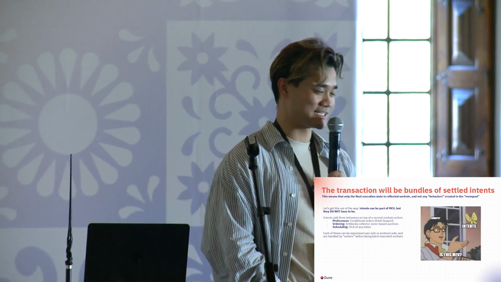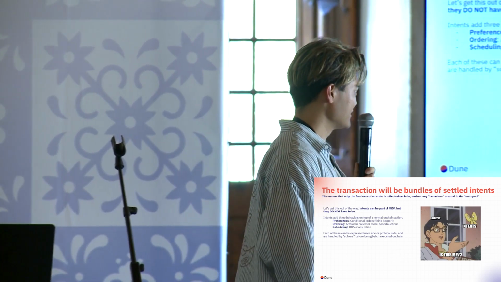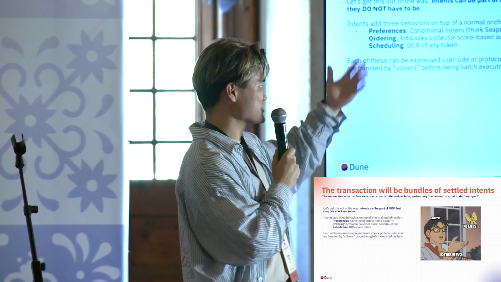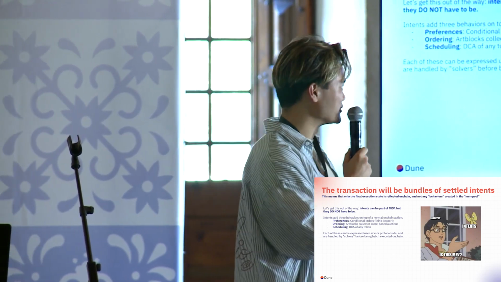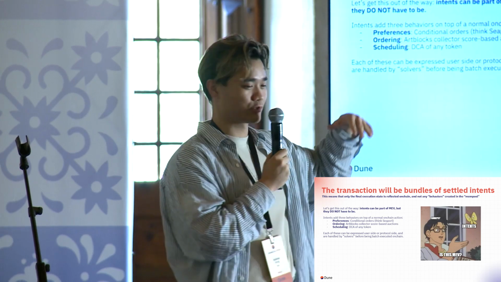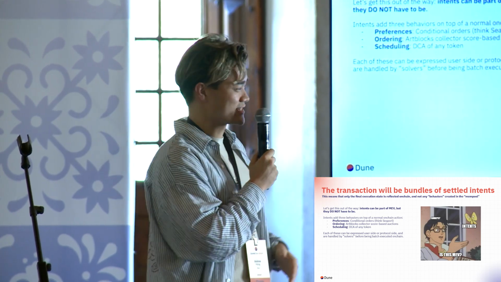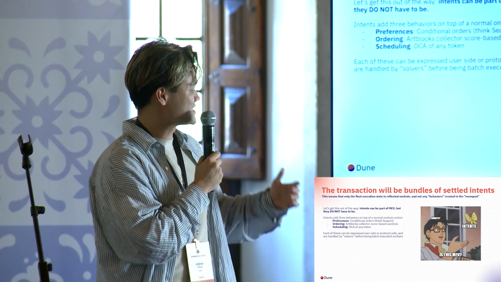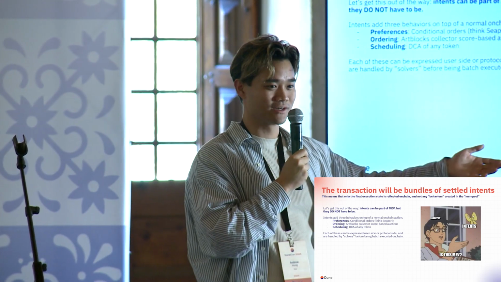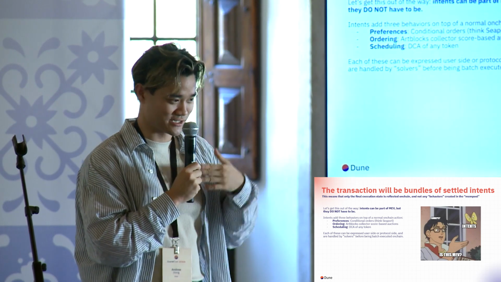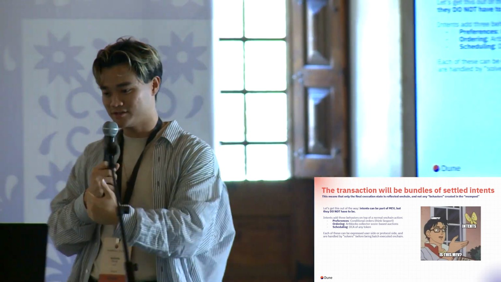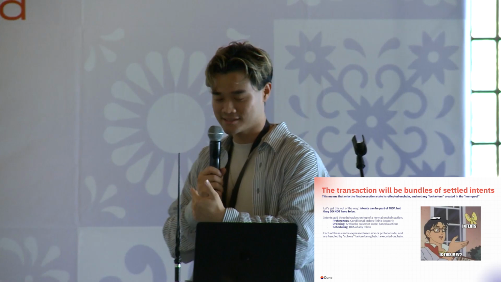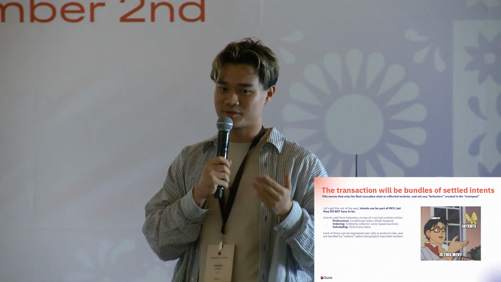If you mint them and hold on to them, they'll give you a higher collector score, right? So you submit your intents to the system that Art Blocks collects intents from, and think of it as a mint pool. And Art Blocks will handle the ordering for you, saying, okay, it's not just if you pay more gas that you get to mint. If you have a good collector score, you'll be able to mint, right? So it's a two-way street where both protocols can exhibit preferences and users can also exhibit preferences.